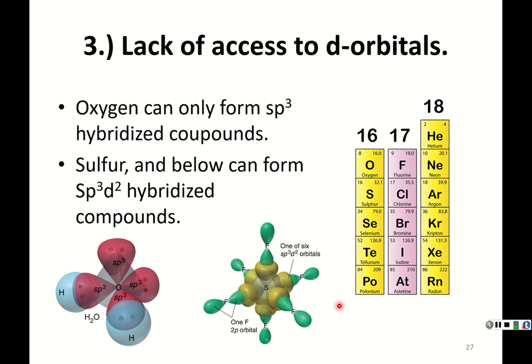That's what is known as expanded valence, in that anything third row and down can undergo expanded valence, and thus have an expanded octet.